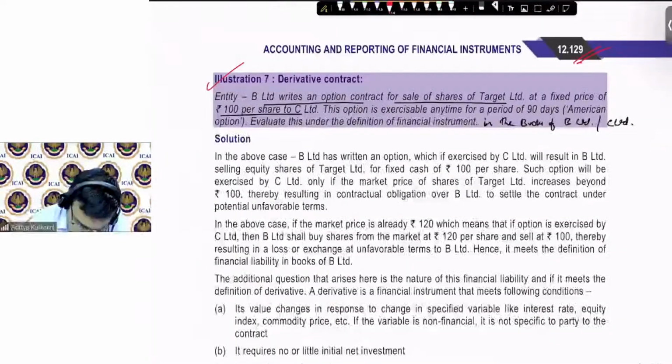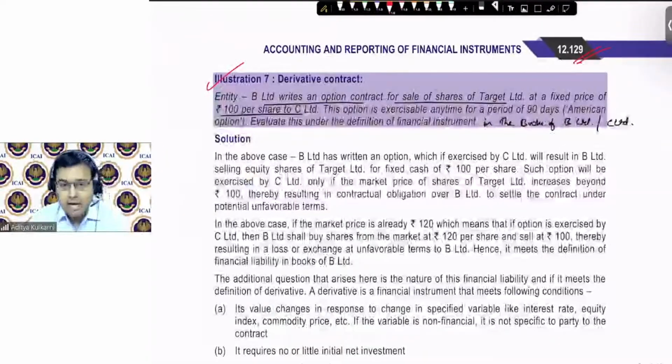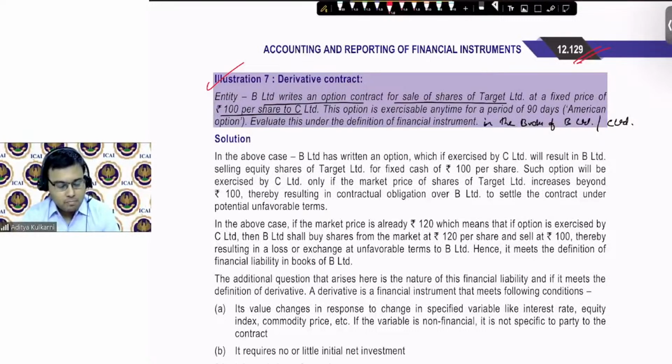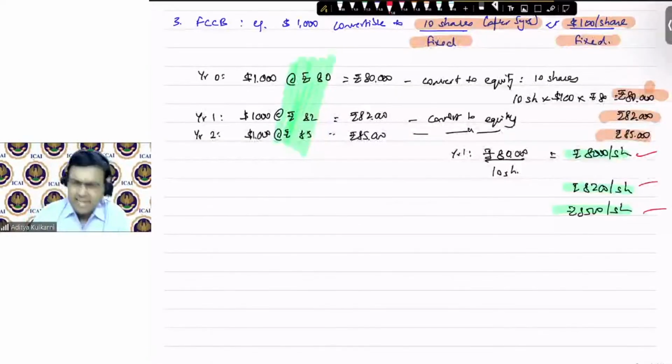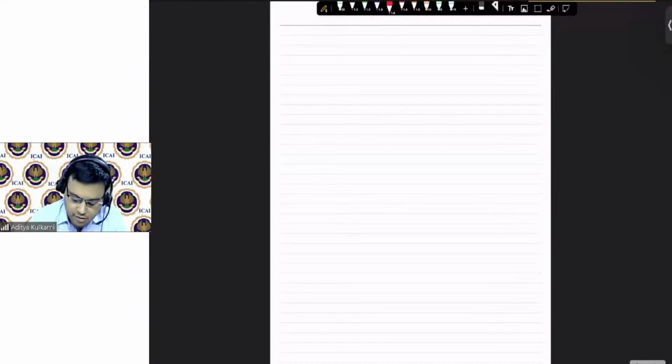You will have to do the remaining questions. There is no time for me to do all of them. Major ones I have touched upon, illustrations I have discussed with you. So you should be in a position to try the remaining theoretical questions. Anyways, this is not so important. This is mainly a precursor to your actual accounting.